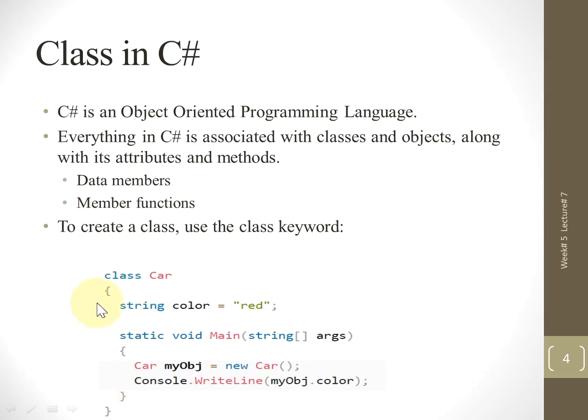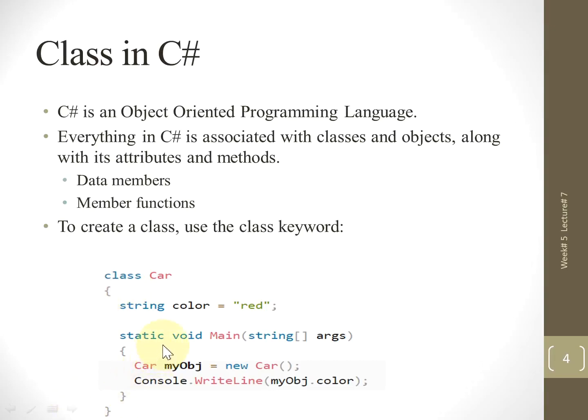As you can see over here, we have a data member, which is a string data type with a variable name, color, initialized with the value red. And within the class body we have a member function, that is the main function. So the main function is available within the class body.